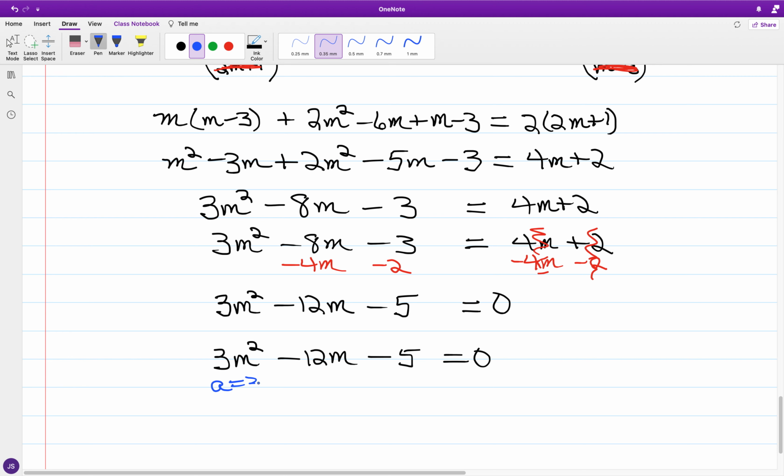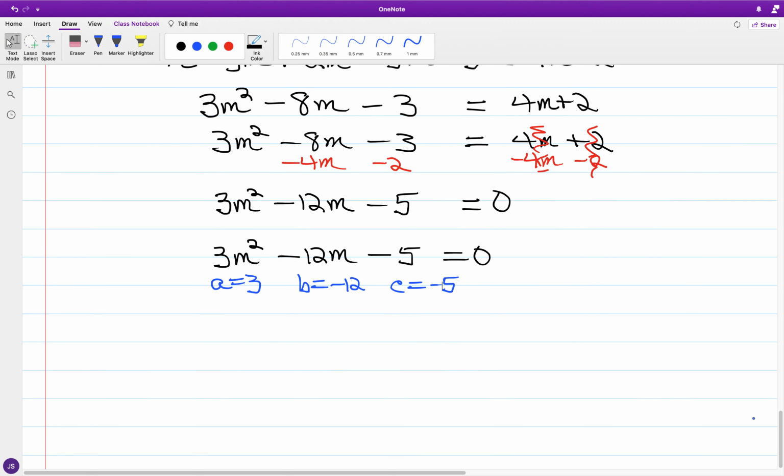So we have that a is equal to 3, and that b is equal to negative 12, and that c is equal to negative 5. Again, with the quadratic formula, you have negative b plus or minus the square root of b squared minus 4ac, all over 2a.